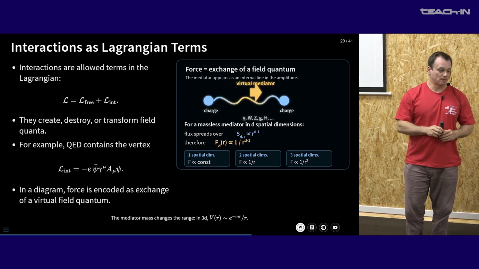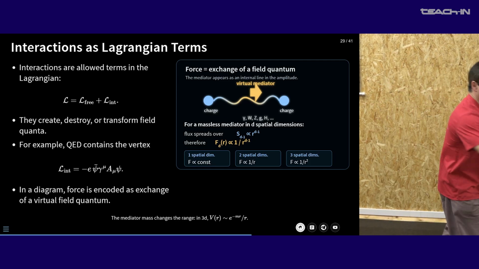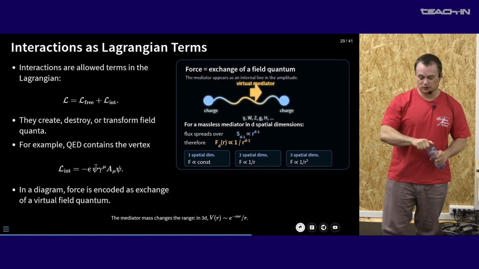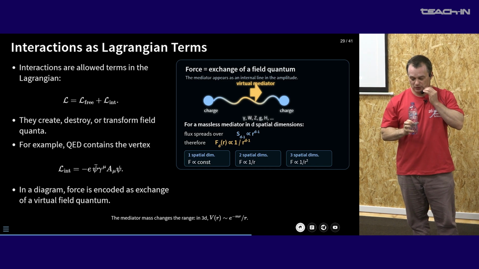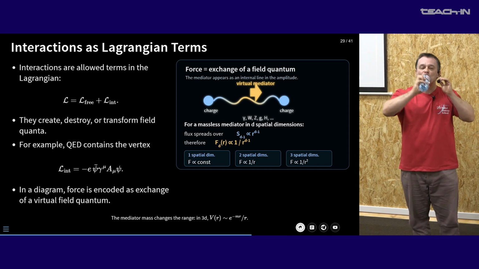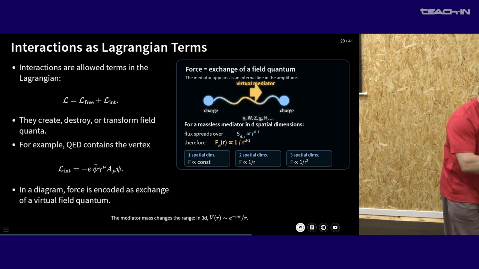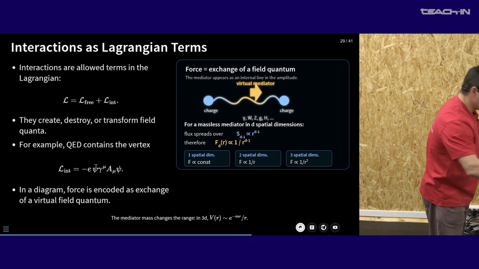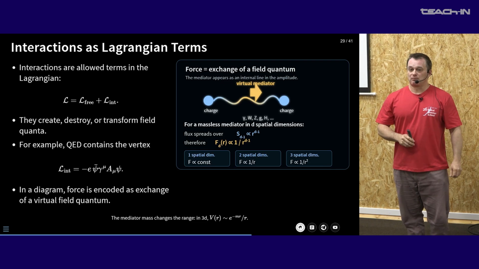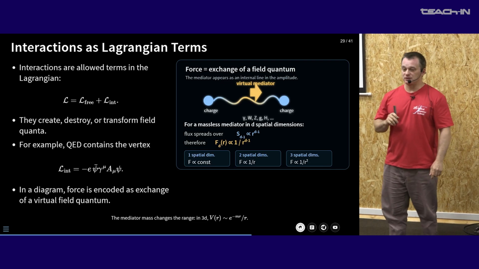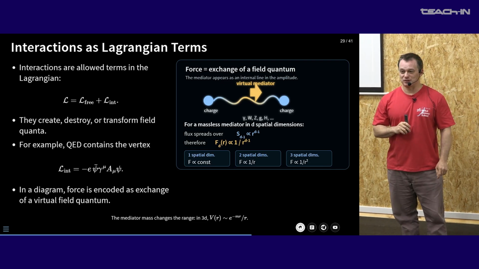And we all know that the force, if we talk about this in the classical language, the electromagnetic force is inversely proportional to the distance squared, right? But this is valid only in 3 dimensions.